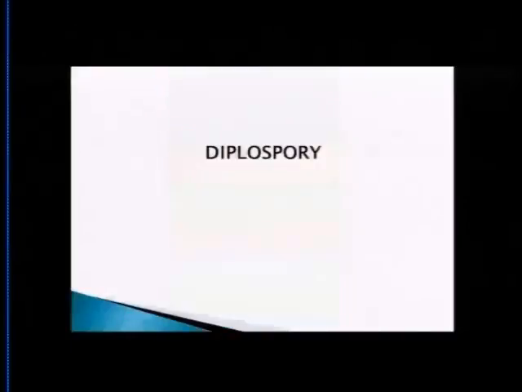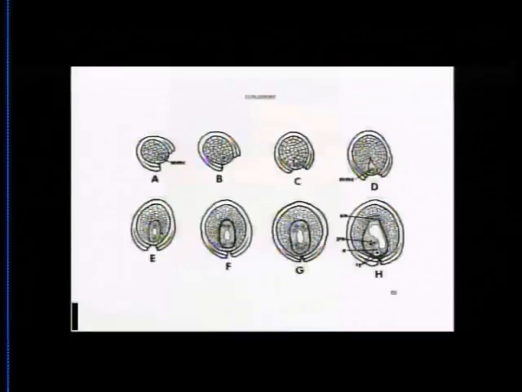The other form, diplospory, as I said earlier, the megaspore mother cell will enlarge, but rather than undergoing meiosis, it just enlarges, and then it starts dividing mitotically to produce an embryo sac.